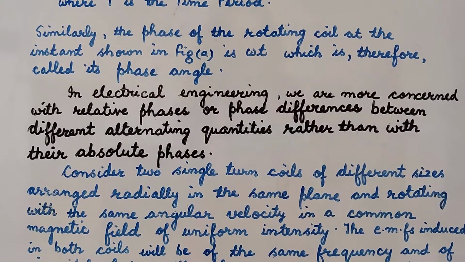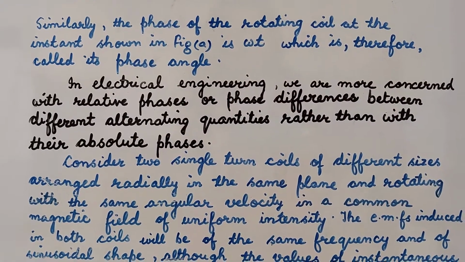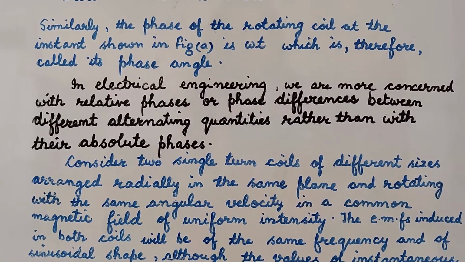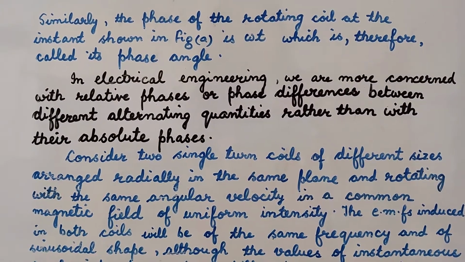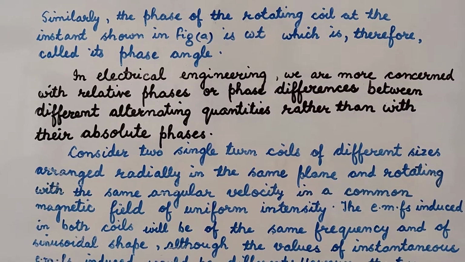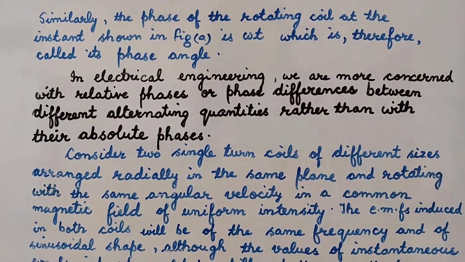For this, let us consider two single turn coils of different sizes which are arranged radially in the same plane, and they are rotating with the same angular velocity in a common magnetic field of uniform intensity.